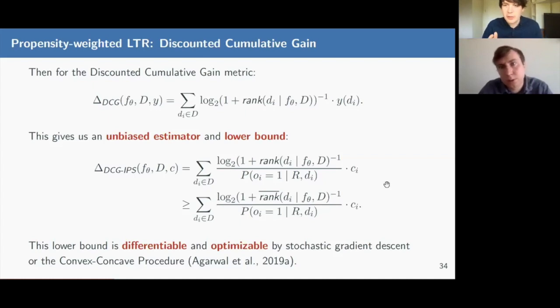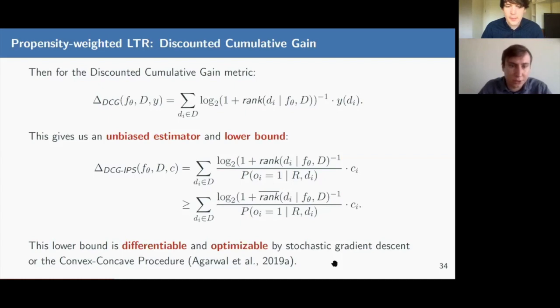But for optimization purposes, we need this to be differentiable. So we just replace this rank function by the upper bound of a ranking function. And now we have something that's always lower. And because we want to maximize these metrics, we can use this to maximize this lower bound and then indirectly maximize the metric. So using this trick, we can, for almost all IR metrics, get a differentiable lower bound on the unbiased estimate.